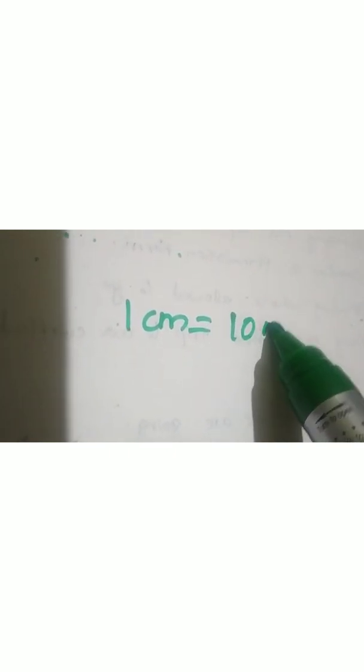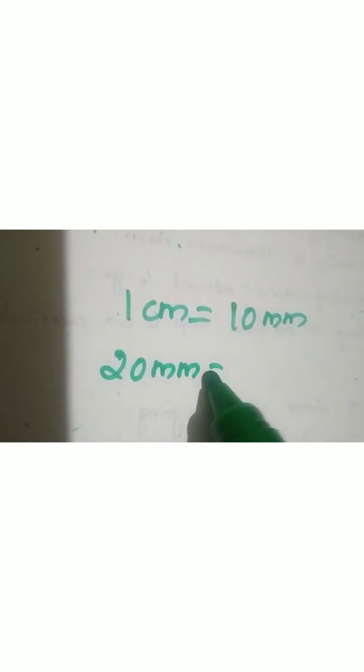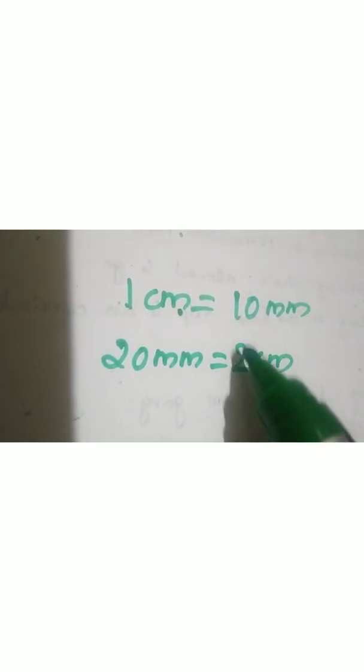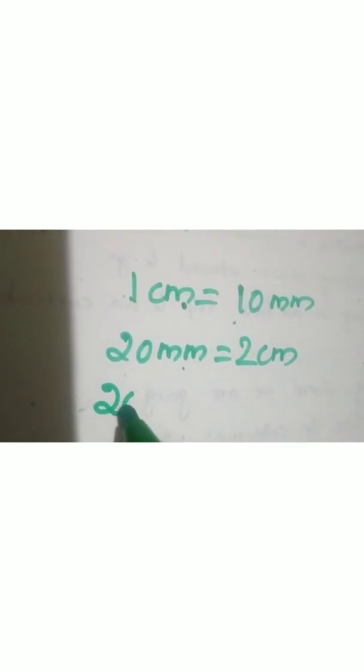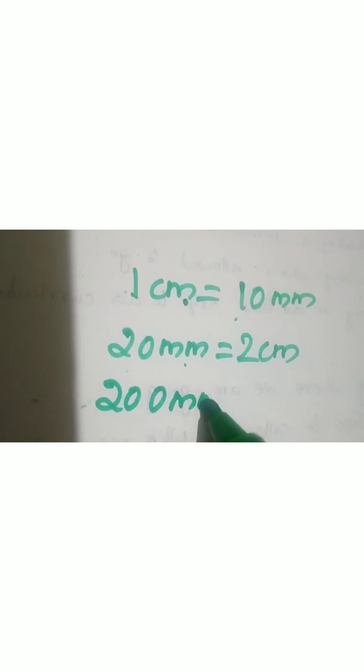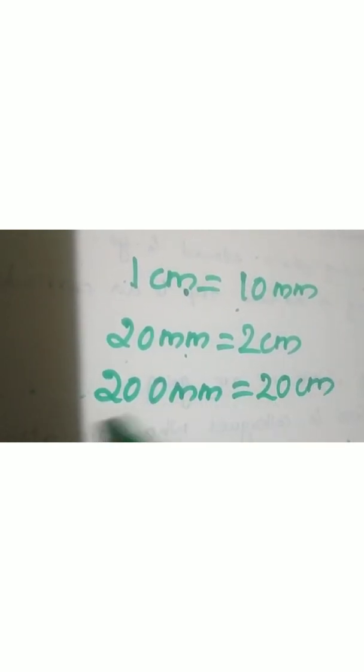Now 1 centimeter is equal to 10 millimeter. Then 20 millimeter will be 2 centimeter. Okay, that is 2 centimeter is equal to 20 millimeter. So 200 millimeter will be 20 centimeter.